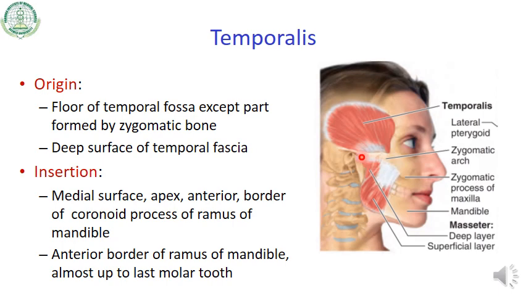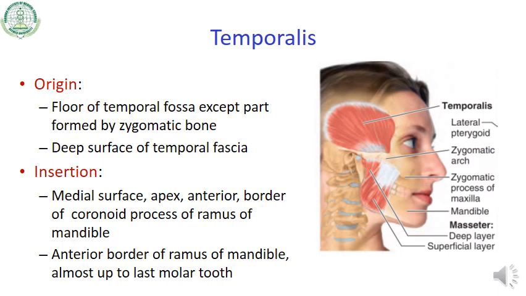Medial surface, apex, anterior border of the coronoid process of ramus of the mandible. So you can see here, here is somewhere the ramus of the mandible, and at the anterior part of the ramus of the mandible there is a coronoid process.